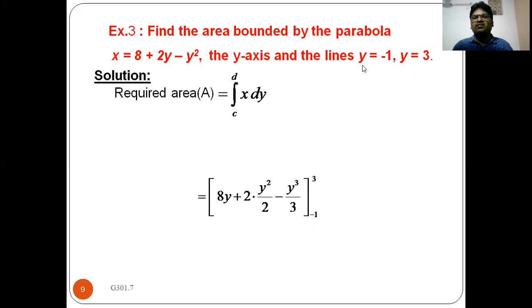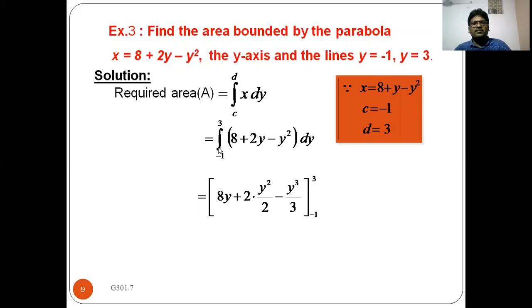We have to find the area of this curve within the limits y is equal to minus 1 and y is equal to 3. So the required area formula is the integral over c to d of x dy.